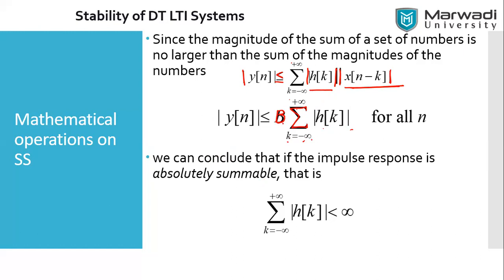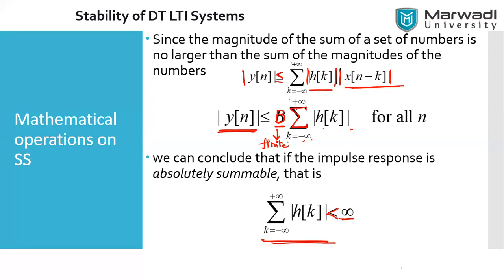Okay. Now, this is finite. So, output y of n will be finite if and only if this summation sigma k is equal to minus infinity to infinity magnitude of h of k is less than infinity.